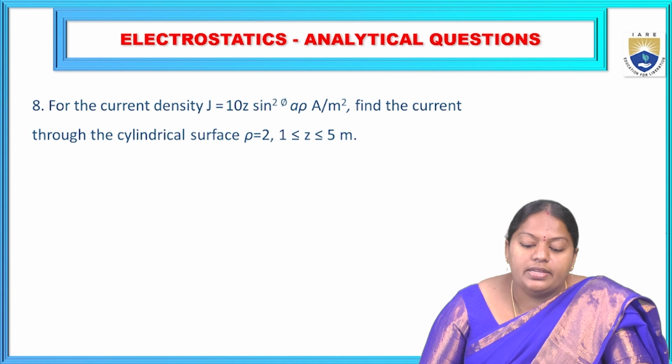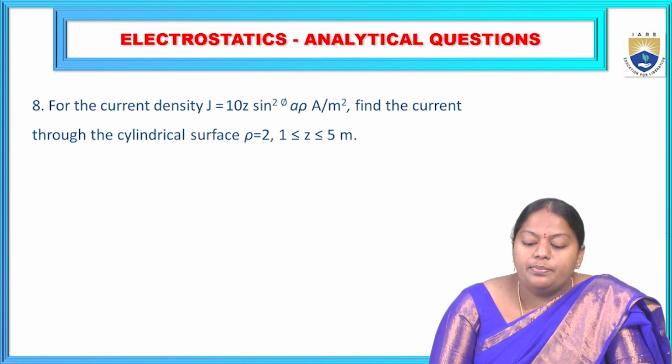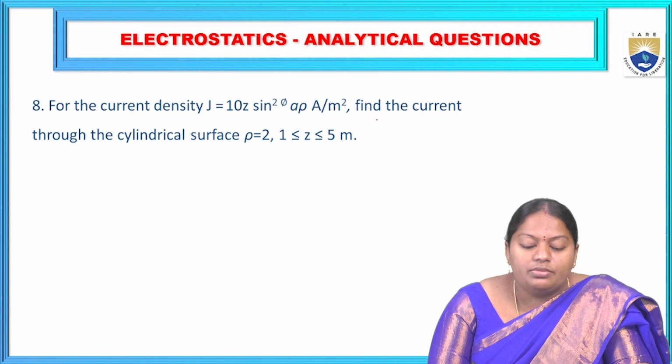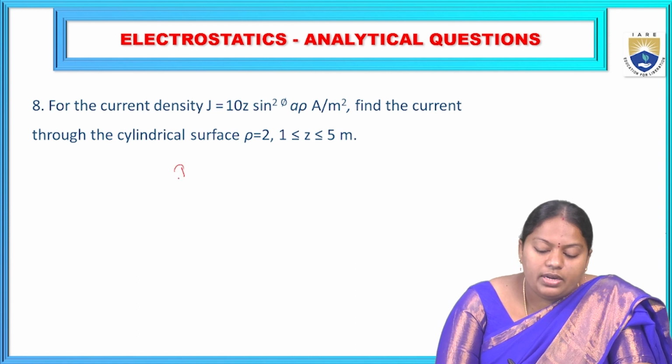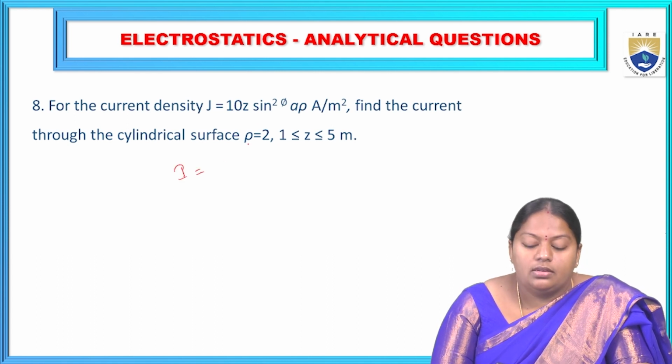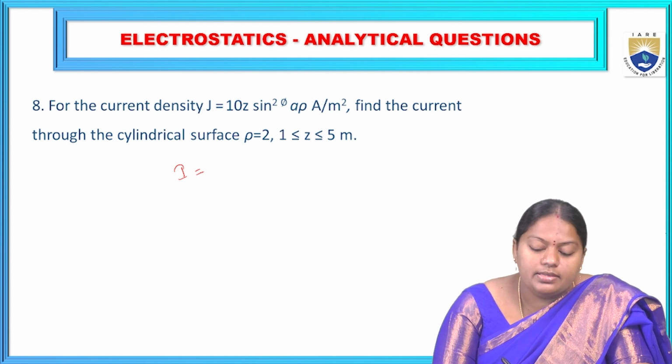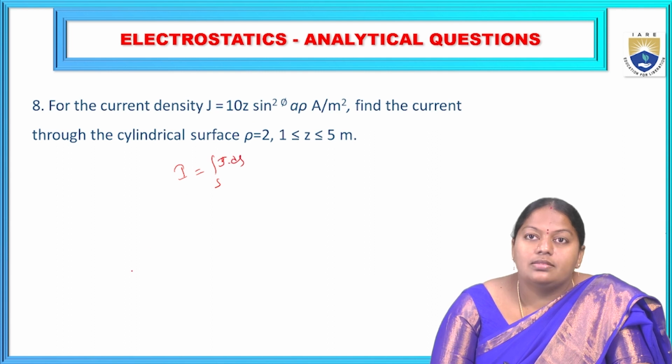Next, the current density J equal to 10z sine square phi a_rho ampere per meter square is given. Find the current through the cylinder surface, that is rho equal to 2. So current we need to find, and current density is given. The formula for current in terms of current density is I equal to integral over S of J dot ds.